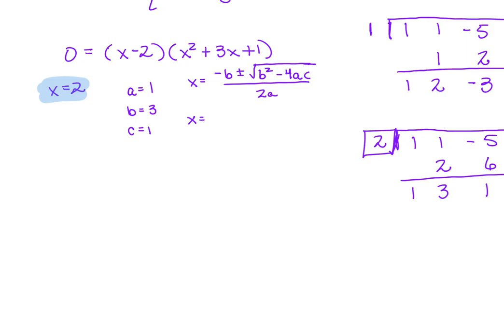And what we get is negative 3 plus or minus. We get b squared is going to be 9 minus 4 times 1 is 4 all over 2.